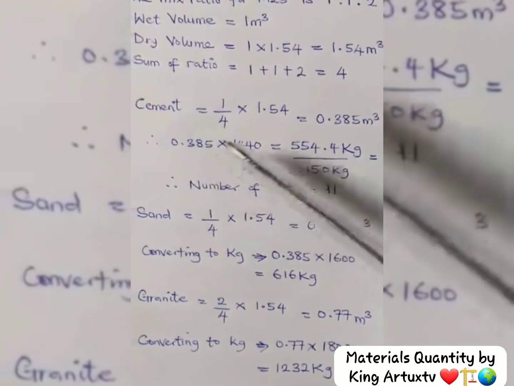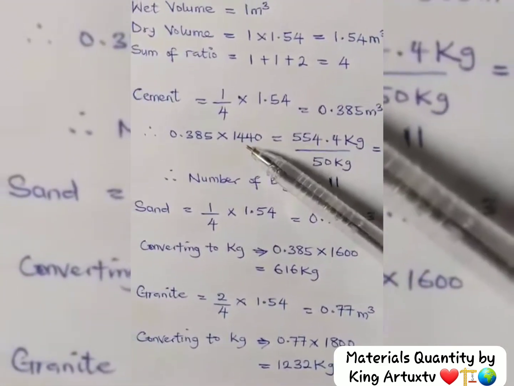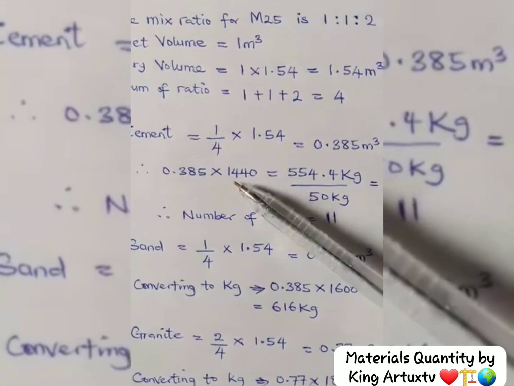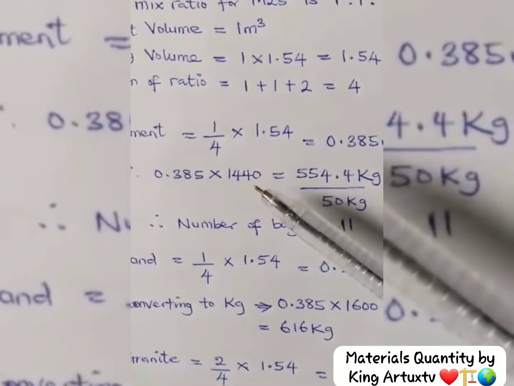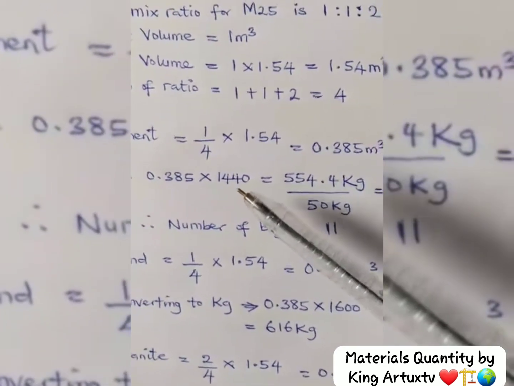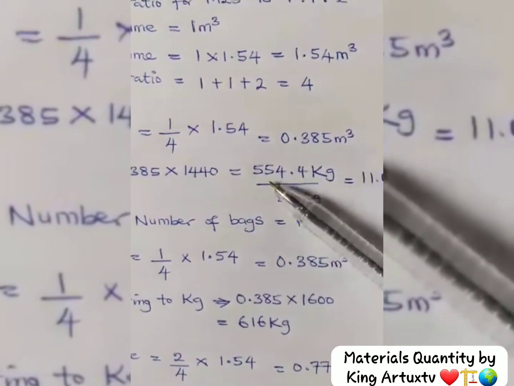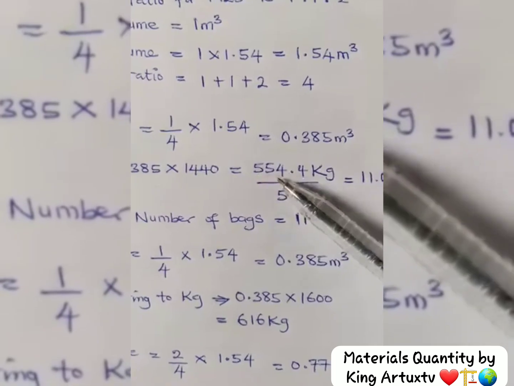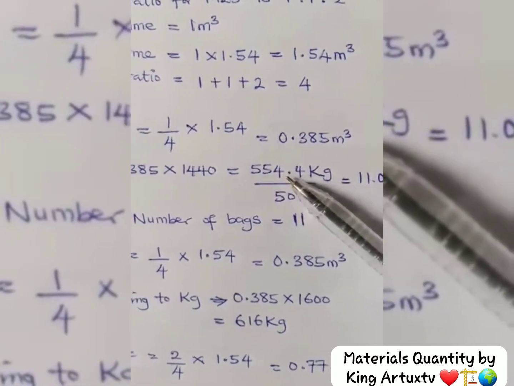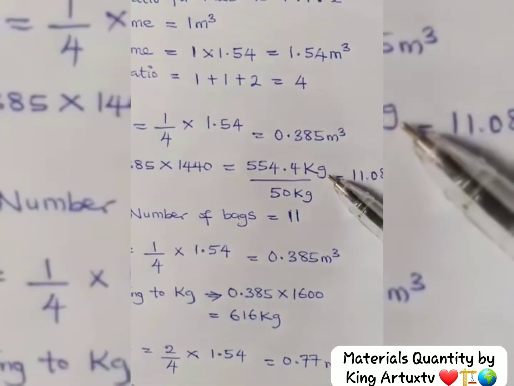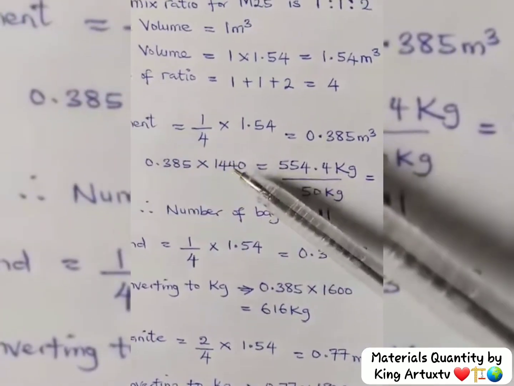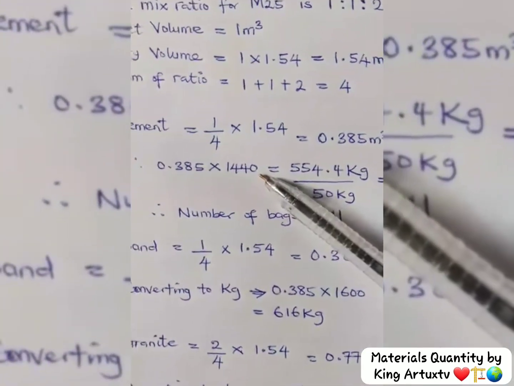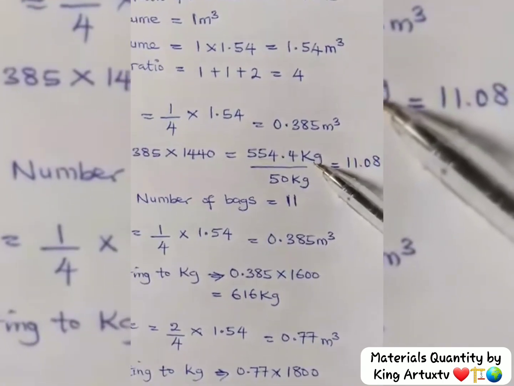So you multiply this volume by the density of cement. The density of cement is 1440 kg per cubic meter. When you multiply it, you have 554.4 kg. The cubic meter here cancels the cubic meter in the density, so you are left with kg.